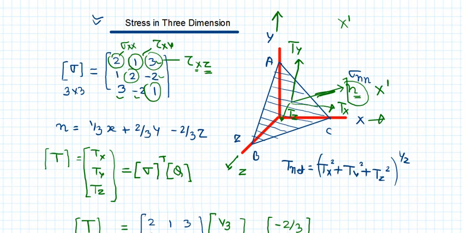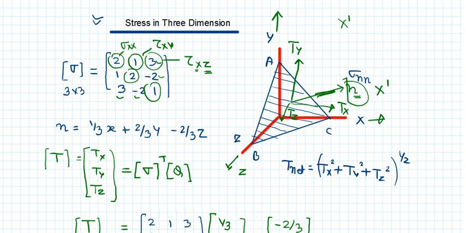In a subsequent session we will consider this as the normal direction, and if we are talking about transformation then we will replace it with x dash. Okay, so now this is the normal to which plane? The plane is ABC, and its normal direction is n.